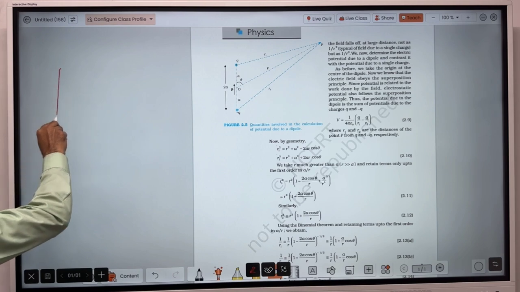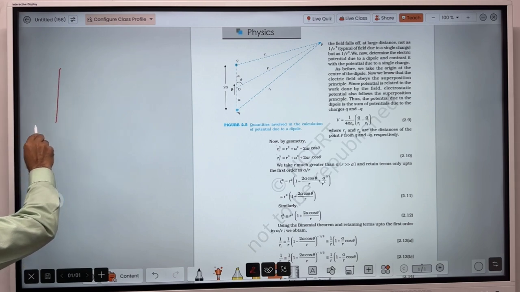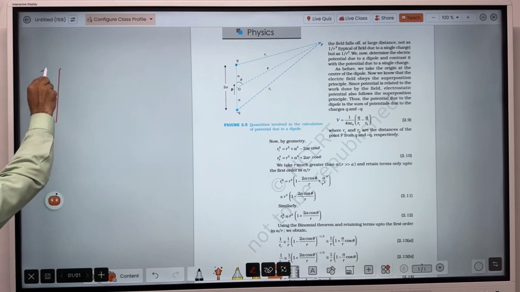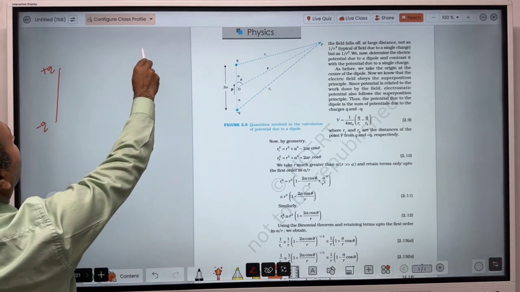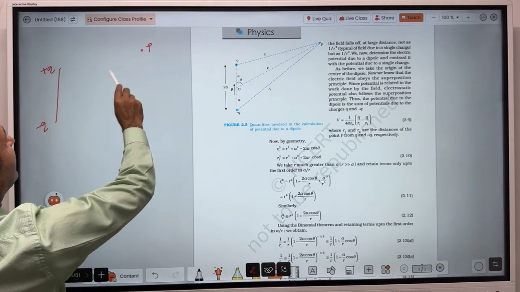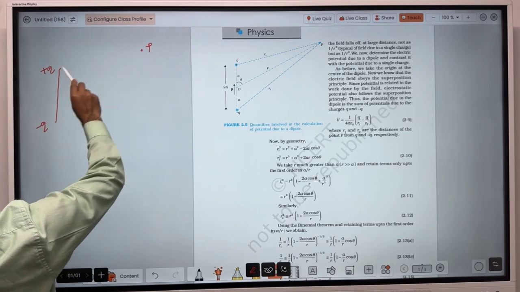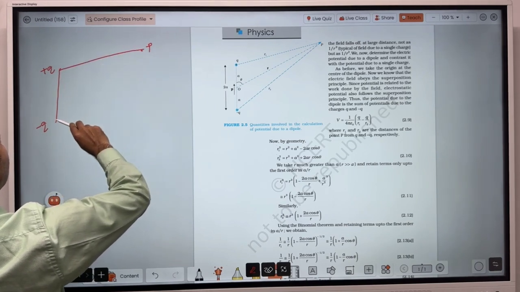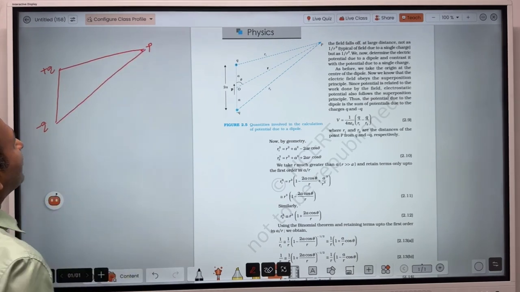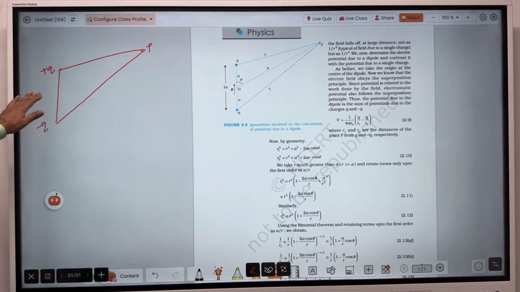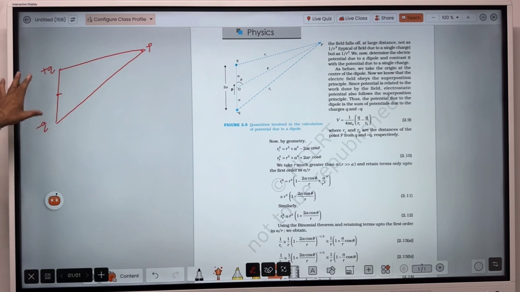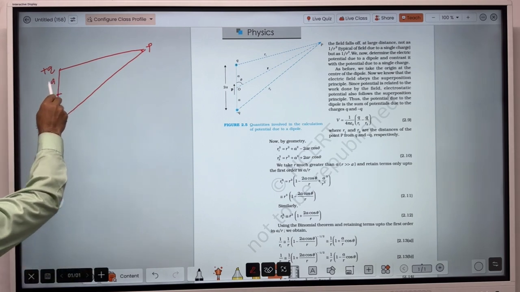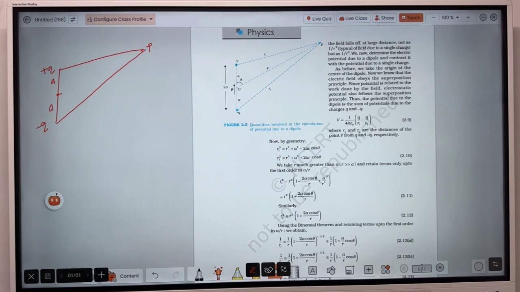Dipole is like this. Here we assume that there is minus q charge, here there is plus q charge. Now we take point P here and join it from this point and from this point. And then we consider the midpoint of the dipole. This is the dipole minus q plus q, and the separation, as you know, is 2a. So this will be a and this will also be a.